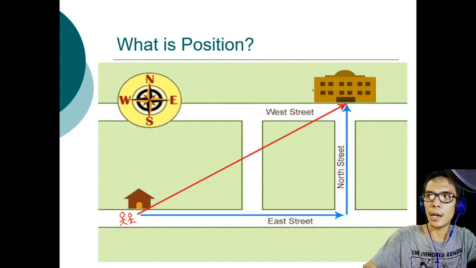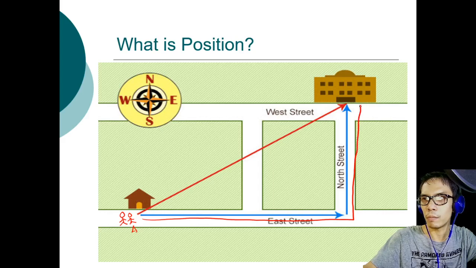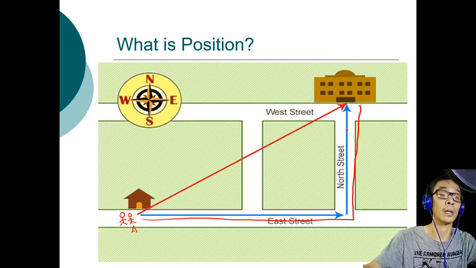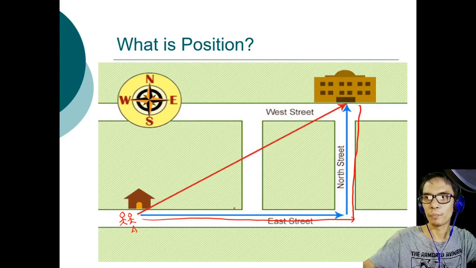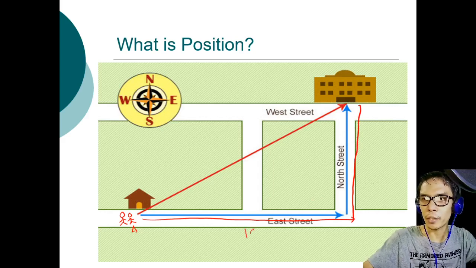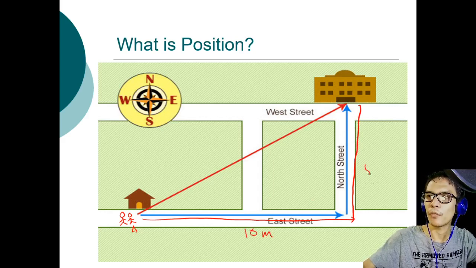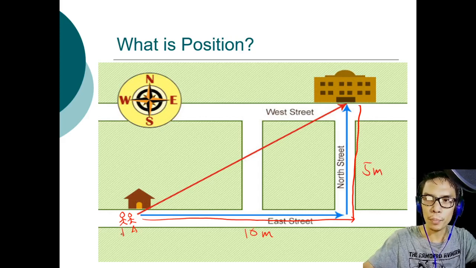One of them, person A, walked to this spot and down to this spot, going to the gate of this building. So this person A traveled 10 meters and 5 meters going to that building.